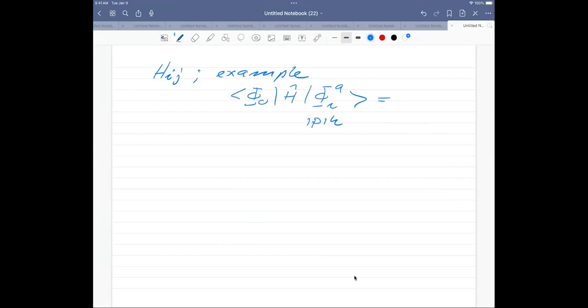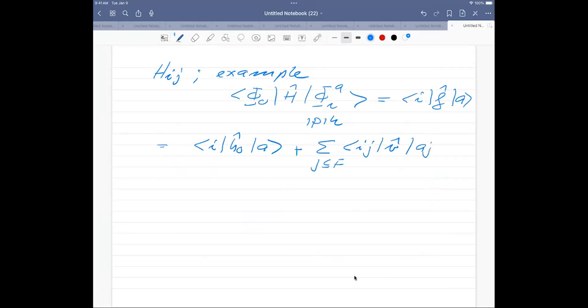We found that this quantity we could write out as an integral involving this operator F, where F was equal to I of H0 of A plus the sum over all the states below the Fermi level, with this IJ V anti-symmetrized IJ. So this is an anti-symmetrized matrix element.